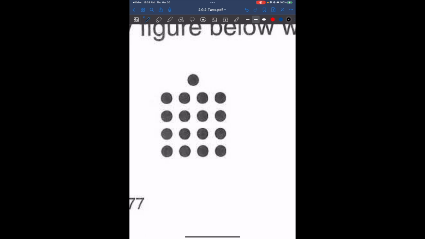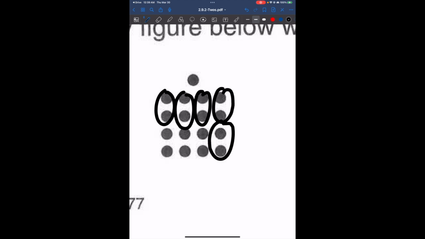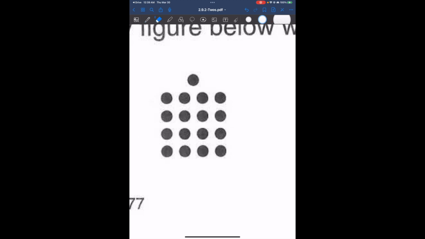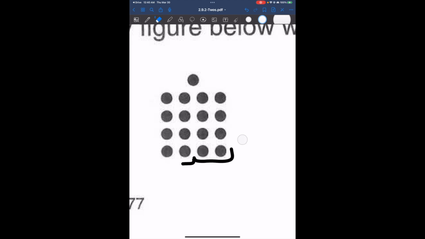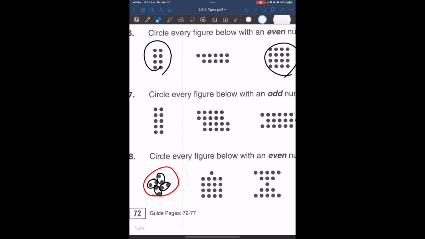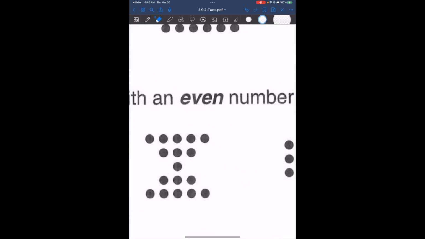Let's try here. Grouping multiple groups of 2 dots gives us a remainder, so we know that that's odd. Another way to see this, again, is to group it into 2 whole groups of 8 dots. We have 1 remainder left, so that's also an odd number of dots.